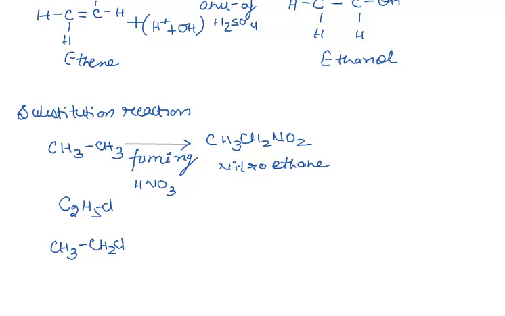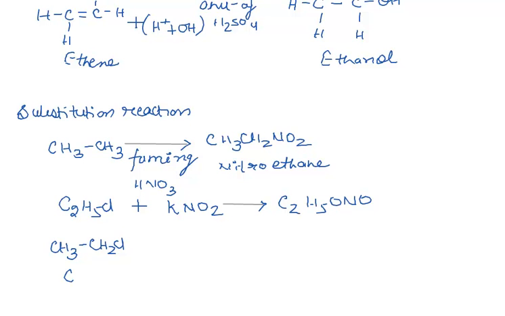So what I can do here is, we will simply treat it with potassium nitrite or silver nitrite, and we will get our nitroethane. Okay, so if here I am treating it with potassium nitrite, KNO2, what will it form? We will get ethyl nitrite, C2H5ONO.